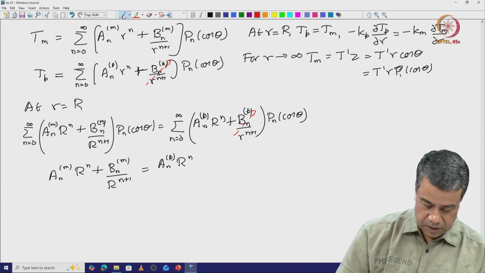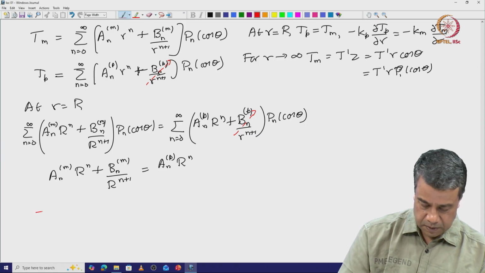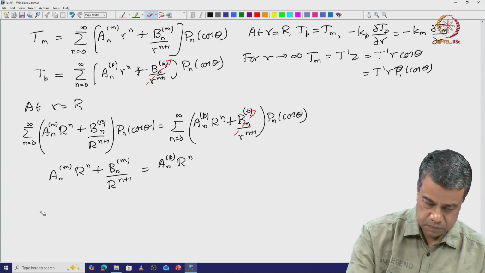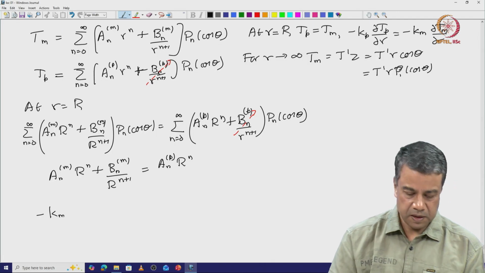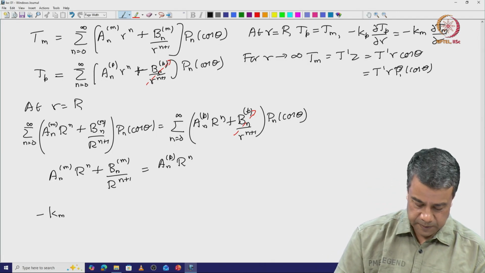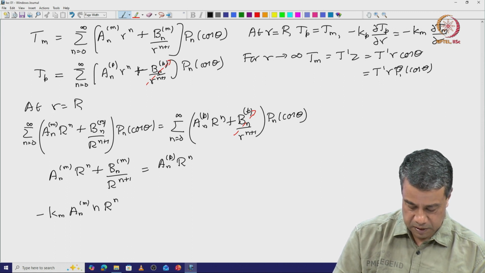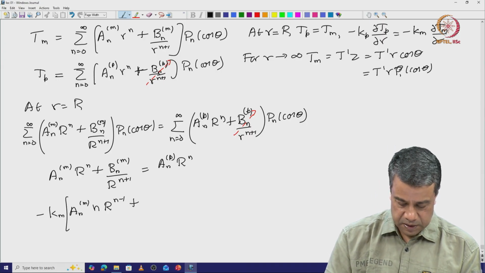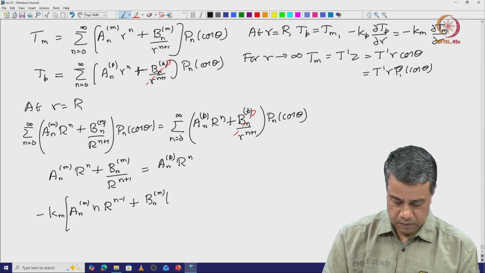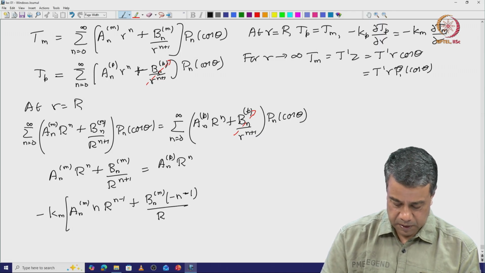So, I will get minus k matrix times partial by partial r of the matrix temperature: a n matrix times n r power n minus 1, plus b n matrix times minus n plus 1 by r power n plus 2.